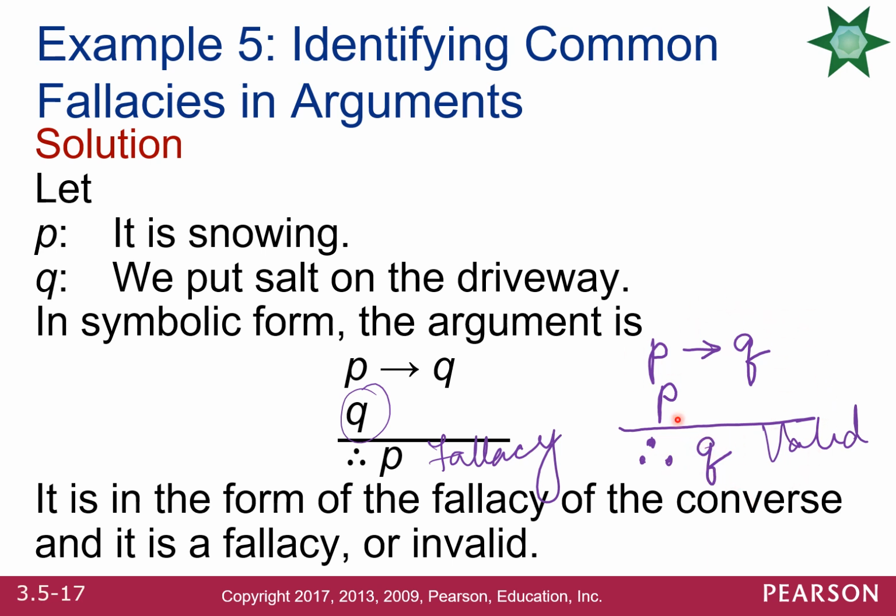If we phrase our argument this way, in this form, then we can say it is a valid argument. However, the way it is stated in this example, if P then Q, followed by the second premise of we put salt on the driveway Q, and come to the conclusion that it is snowing, that would be a fallacy.